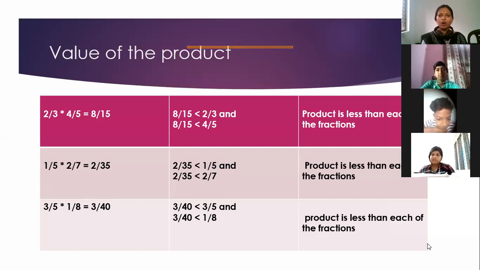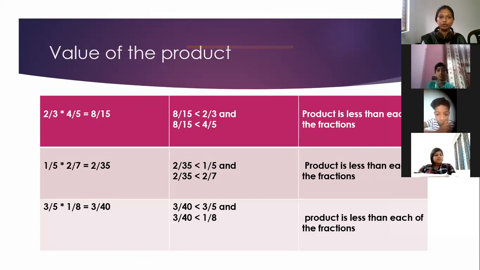So what is the result? The result is given in our third column. Product is less than each of the fractions. That is the result given here. How will you say product is less than each of the fractions? What is the specialty of these fractions, 2 by 3 and 4 by 5?